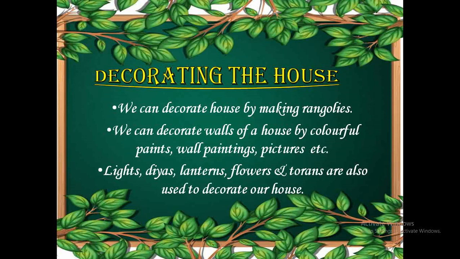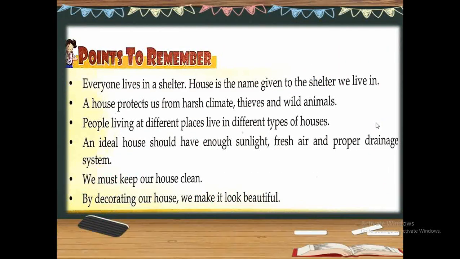Other than that children, lights, diyas, lanterns, flowers, and torans are also used to decorate our house. These things, torans, are available in the market, and torans can be made of real flowers or sometimes artificial flowers. So we can use such things to decorate our houses.